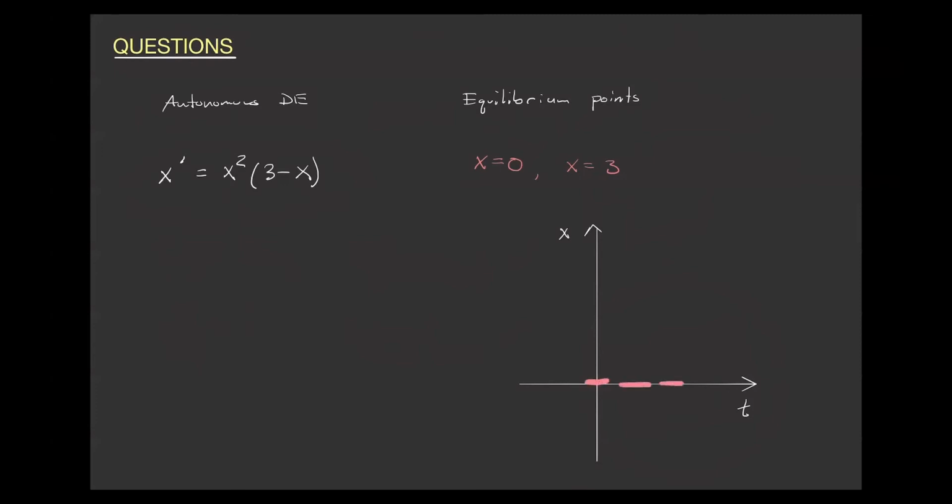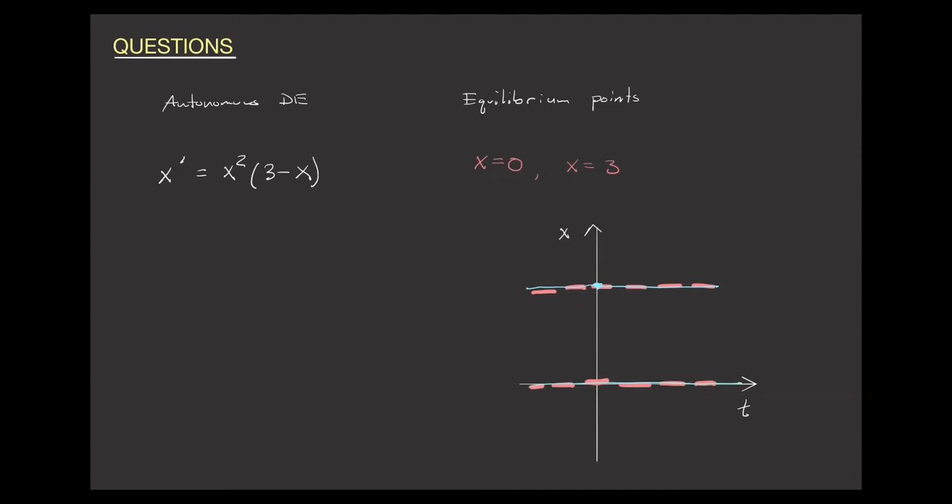And that's going to be true everywhere here. Same thing when x is equal to 3. It's always going to be a slope of 0. We call that an equilibrium point because if you start here, because the slopes are 0, you'll never get moved off of this path. So you have this horizontal solution.